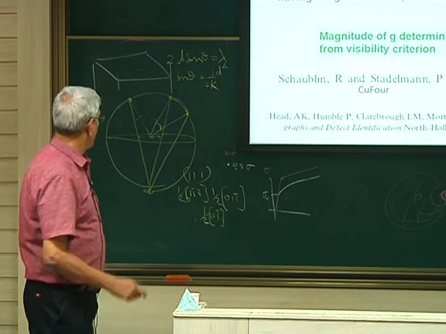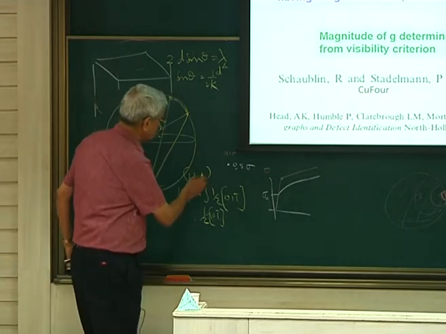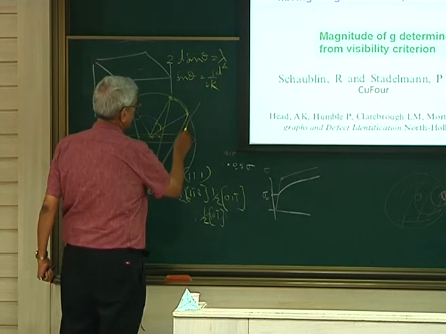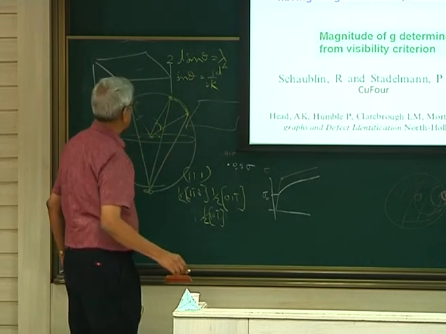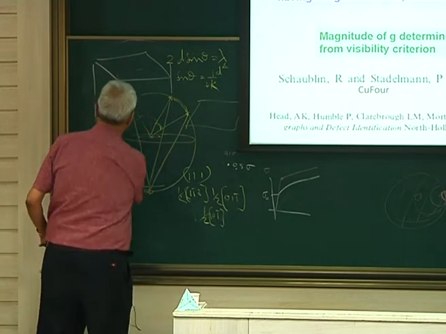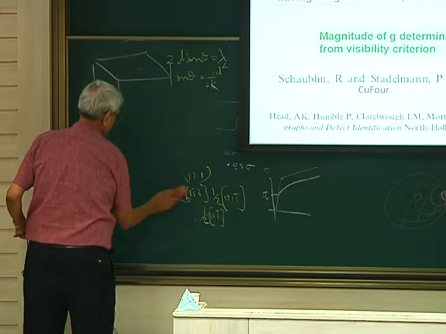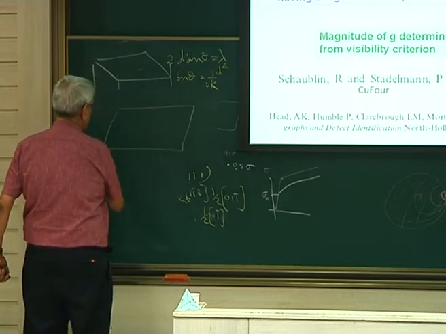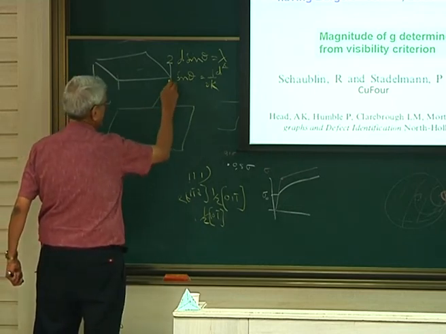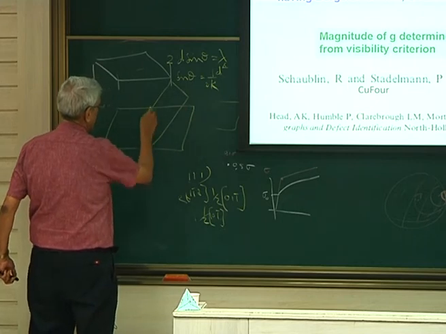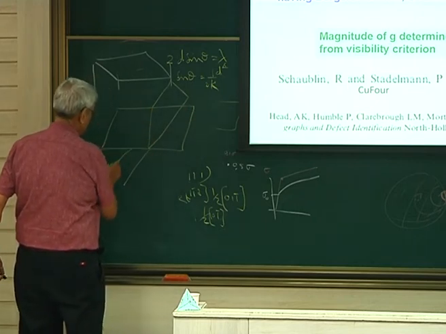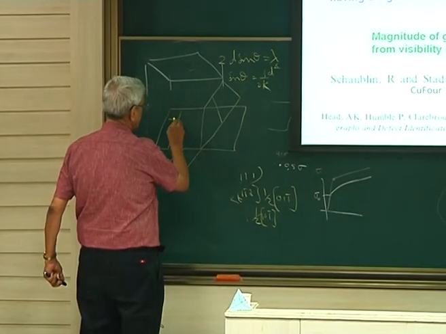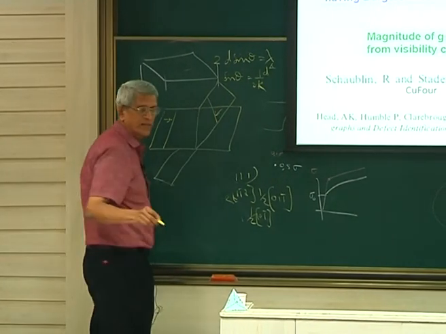Or another thing which can happen is that I can consider a slip plane like this. One particular plane, and there is another plane. In this plane a dislocation is moving in this direction, and in the other plane another dislocation is moving in this direction.